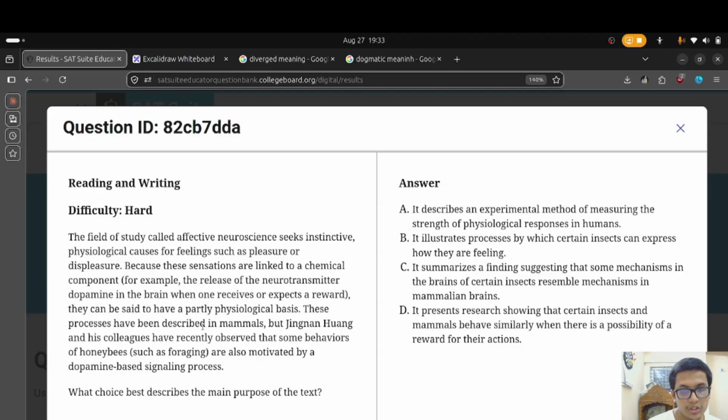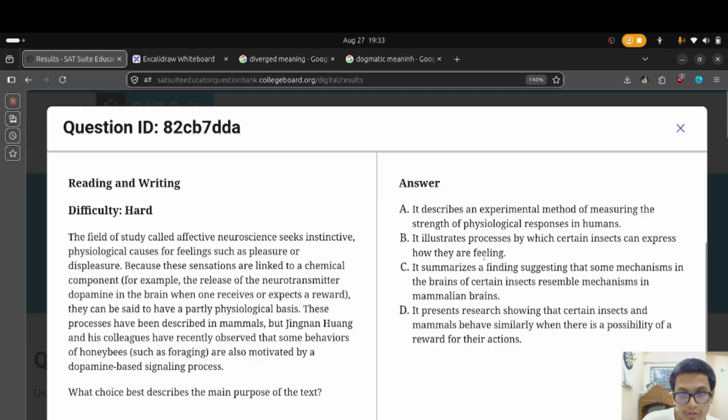Because these sensations are linked to a chemical component, dopamine, in the brain, when one receives or expects a reward, they can be said to have a partly psychological basis. These processes have been described in mammals, but Jing'an Huang and his colleagues have recently observed that some behaviors of honeybees are also motivated by a dopamine-based immune process.